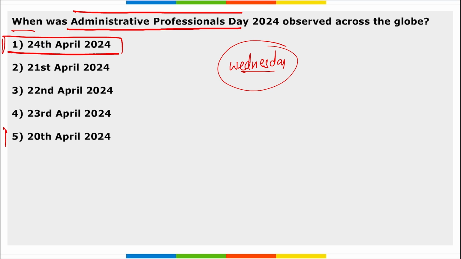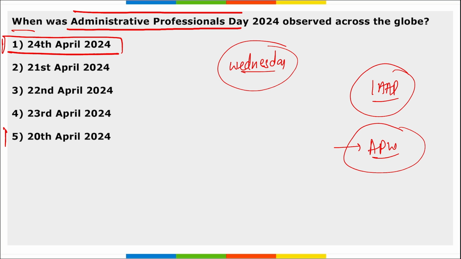This observance is led by the International Association of Administrative Professionals. Remember, Administrative Professionals Week is observed on the last full week in April, and the day is on the Wednesday of that week. This time, Administrative Professionals Week was from 21st to 27th of April.